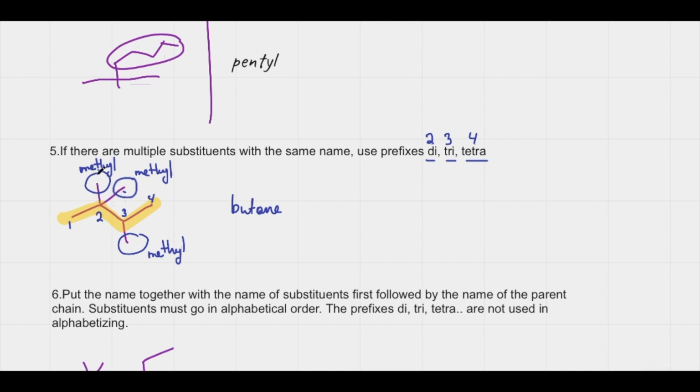We have 1 methyl on carbon 2, another methyl on carbon 2, and another methyl on carbon 3. So our name will be 2, 2, 3. We specify where our substituents are. They're on carbon 2, another one on carbon 2, and another one on carbon 3. 2,2,3-Trimethylbutane.